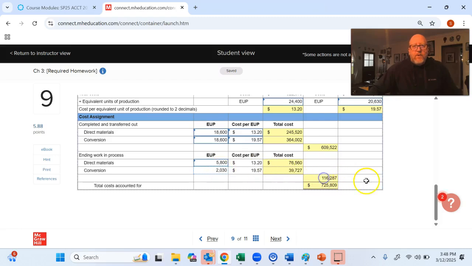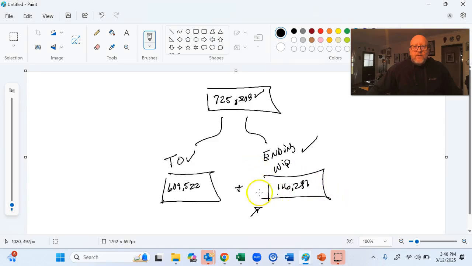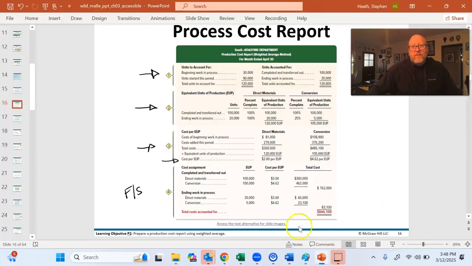And therefore, the total cost that we have remaining in ending work in process, 116,287. Yeah, not bad. I think I might have written a 3 there, but it should have been a 7.